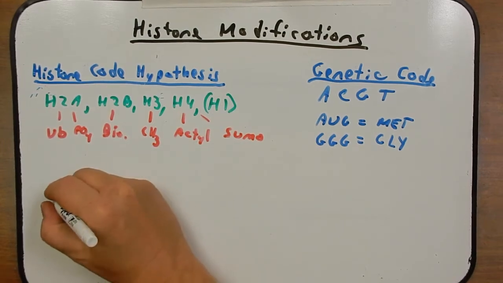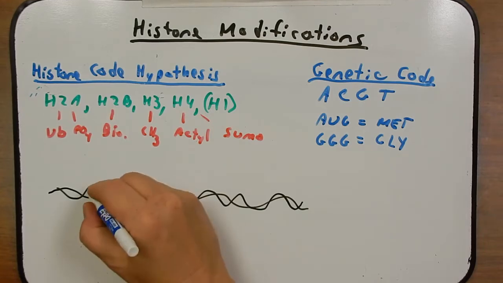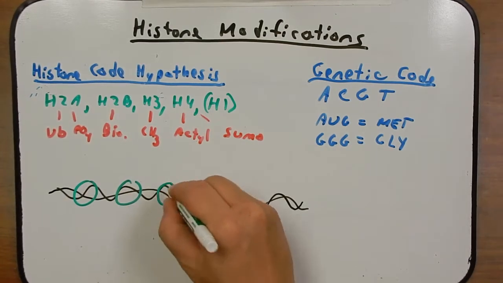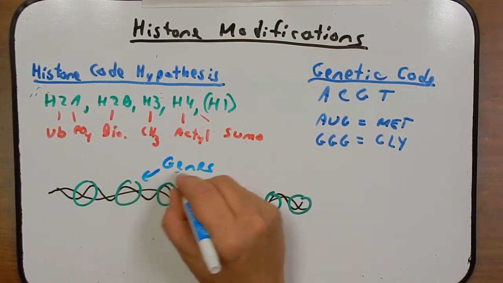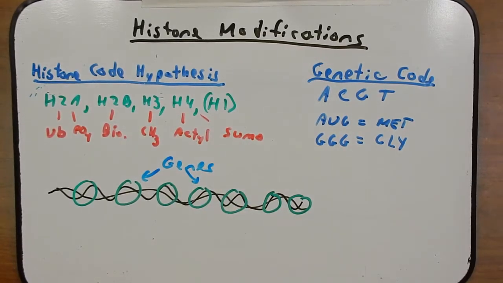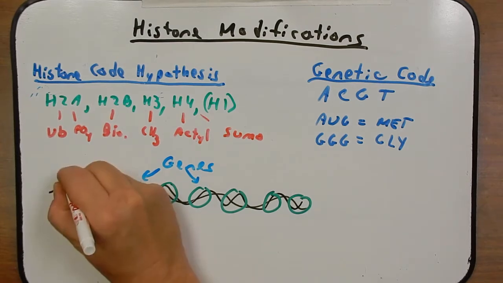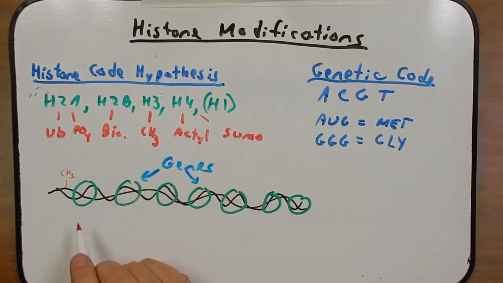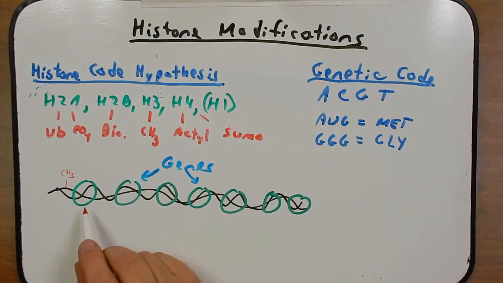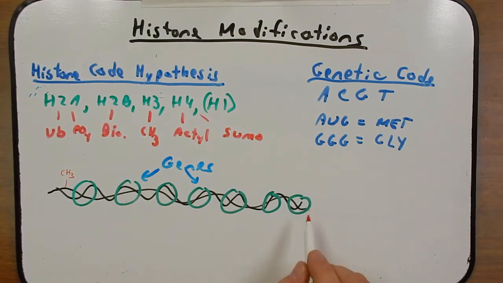The way that these histones are modified within the nucleosome will help us predict which genes get expressed. Because remember, we have our DNA here, and we have histones packaging that DNA up. And the genes hidden within these nucleosomes are protected because of the way these histone proteins surround it. Just like we learned last week that the DNA can be methylated. What we're going to talk about today is how these histone proteins can be modified.